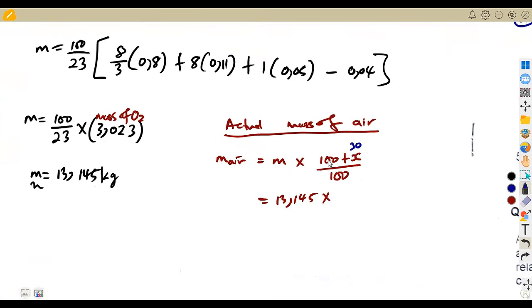If we add 30, it's going to be 130, so 130 over 100. That will give us the actual mass of air, which is 17.0885 kilograms. So we have got the actual mass of air that we needed.